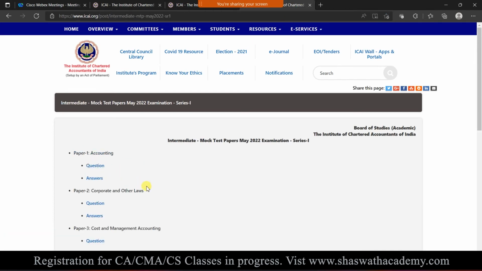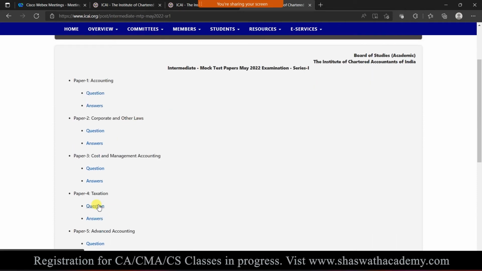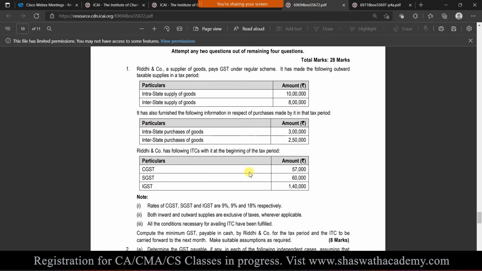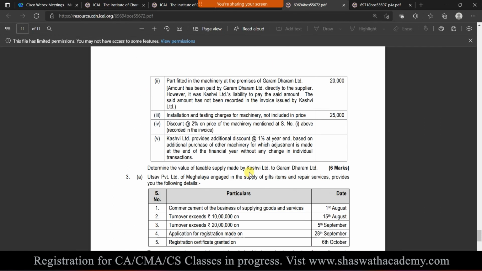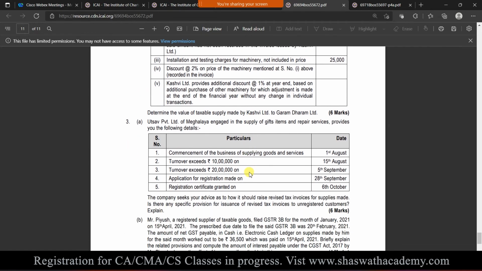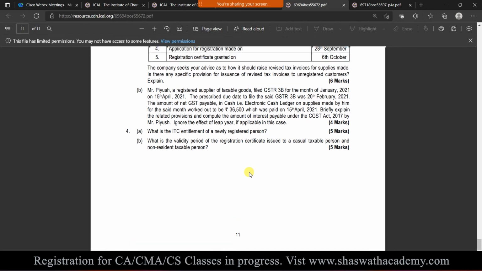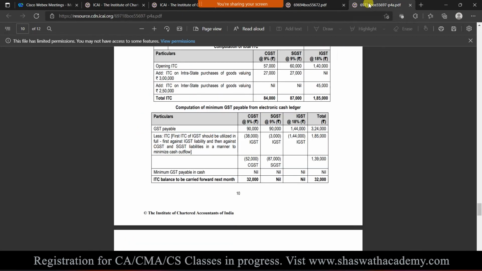Intermediary, taxation question and taxation answer. I'm opening up. Here we go for the question. So let me check any GST question directly here. There is a question for registration and there is no question for ITC as such.